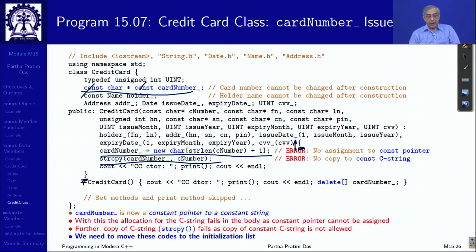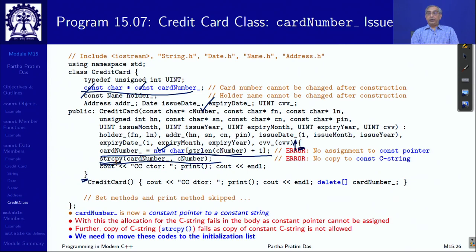Within that I have taken the C number parameter of the constructor, found out the length, incremented it by 1 for the null character. I have allocated dynamically a character array of that size, and then once the allocation is done, I have done a string copy.